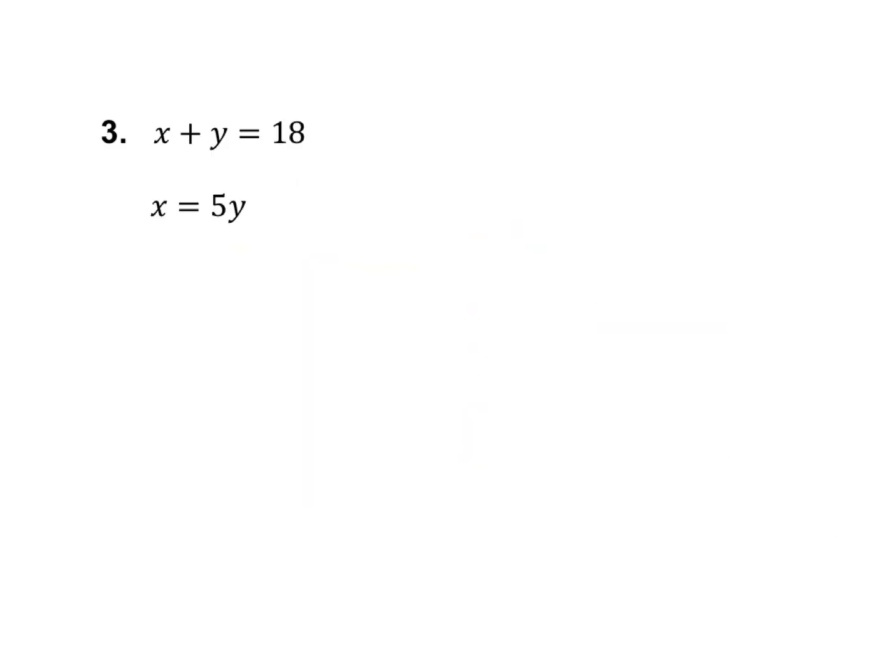All right, question number 3, we have x plus y is equal to 18, and we have x is equal to 5y. So remember, we're solving by substituting in that expression 5y for x. So we're replacing this x with the 5y. So I have 5y plus, I'm going to put a 1 next to the y, is equal to 18.